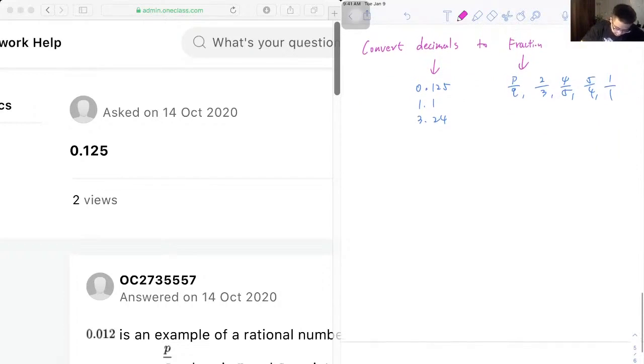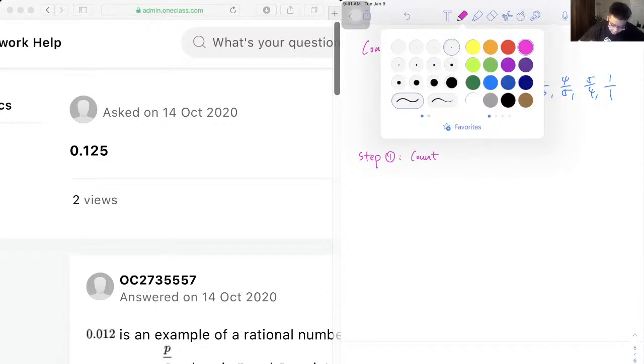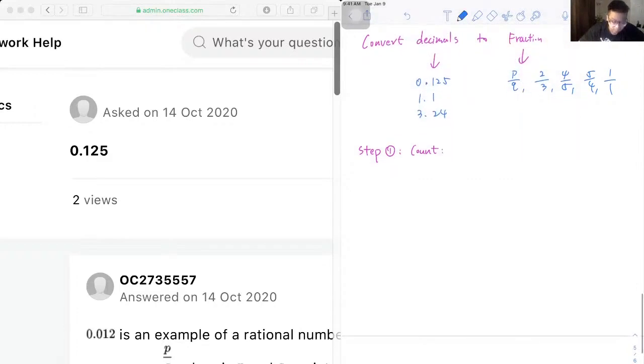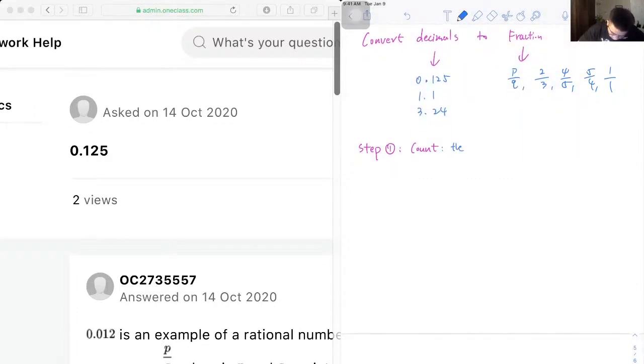Step 1: we need to count the number of decimal places to the right of the decimal point.